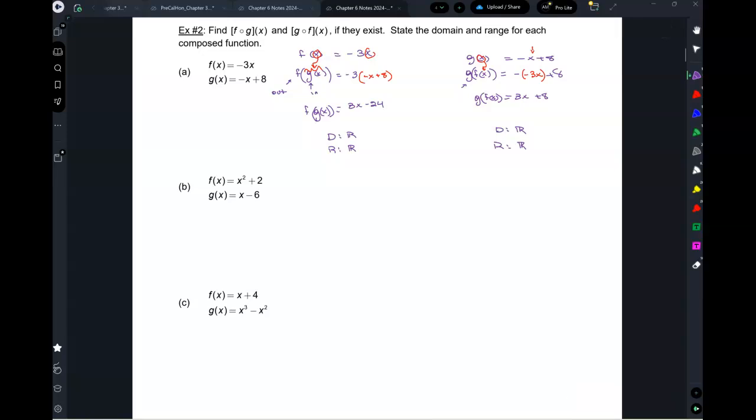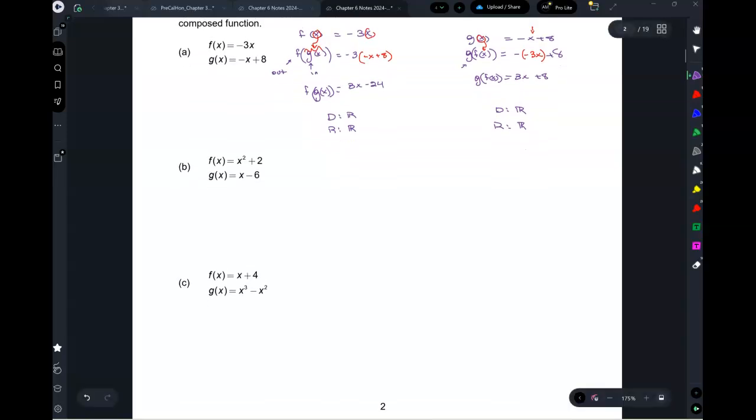Okay, let's do another one. So here, f of g of x. Okay, let's write the outer function.